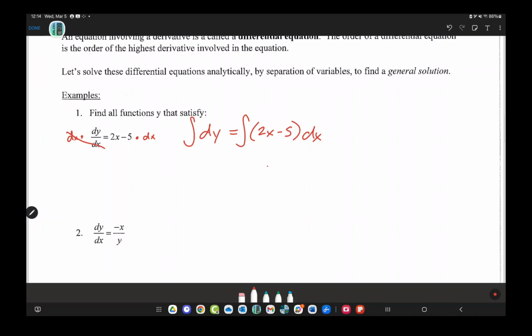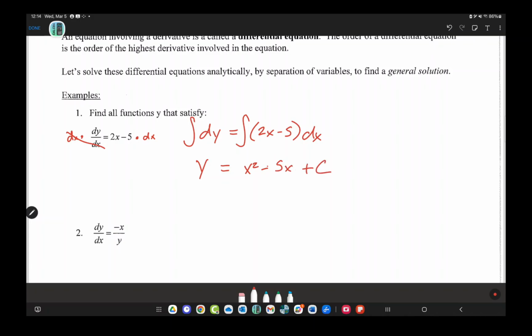Now, if nothing is with dy, what's the understood number with it? 1. What's the integral of 1? Well, in terms of y, it'd be y. Technically it should be plus c, but we're not going to put plus c here, and I'll explain why in a moment. You put plus c on the other side. So we integrate over here, and we get x squared minus 5x plus c.